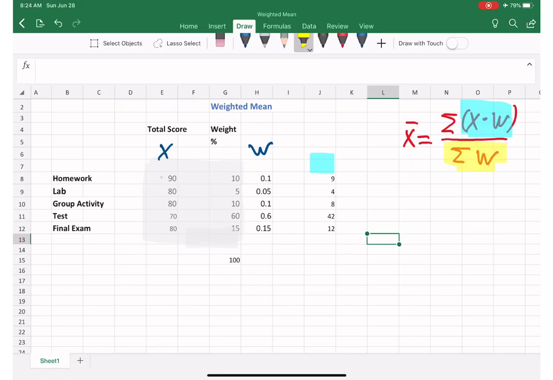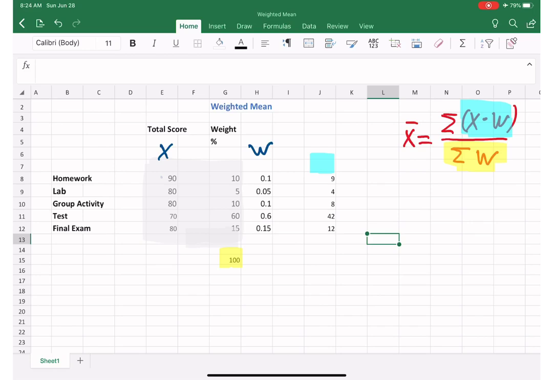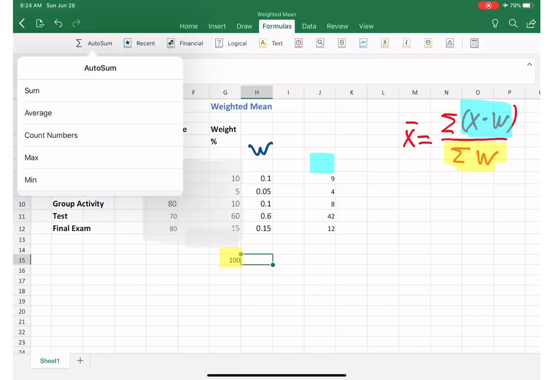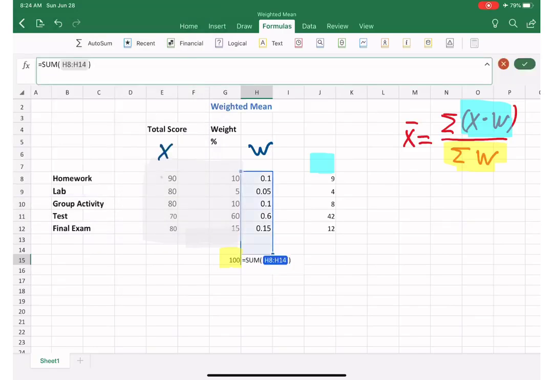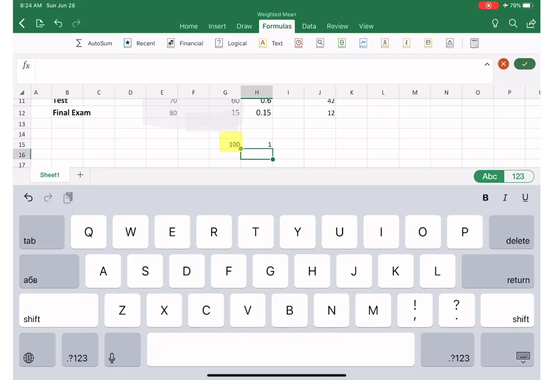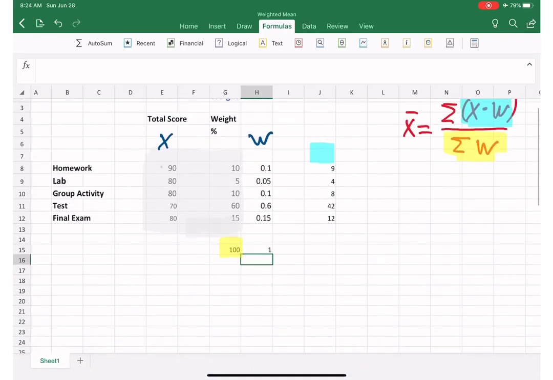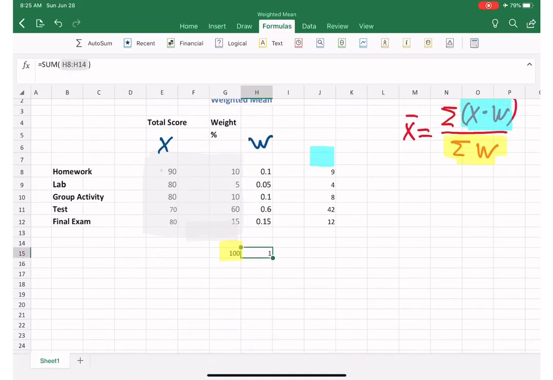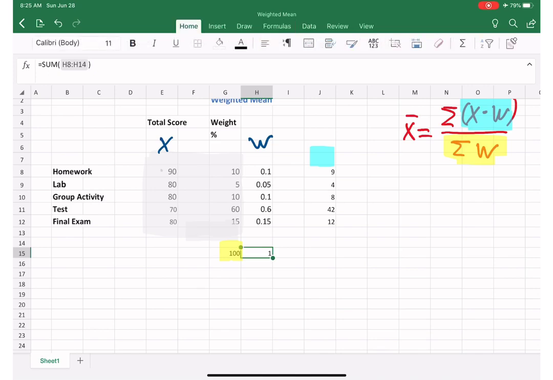Here we have it, because sum of weight, I added up, it was percentage wise, right? Which means if I use the same formula here, sum, I should get 1, right? Let's see. All right, I got 1. So this is the one we are going to use for the formula.